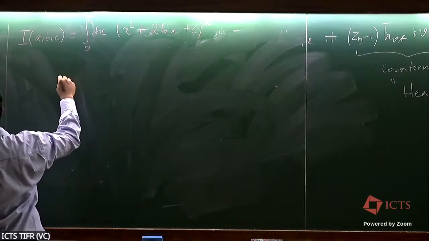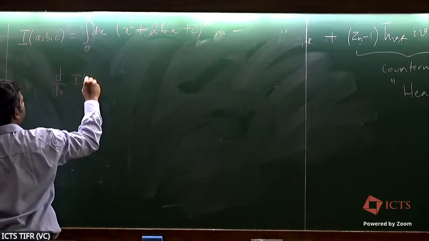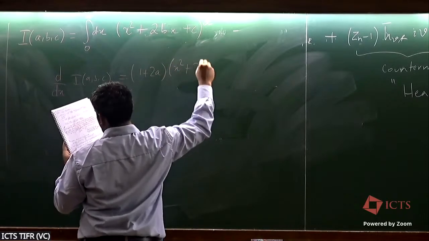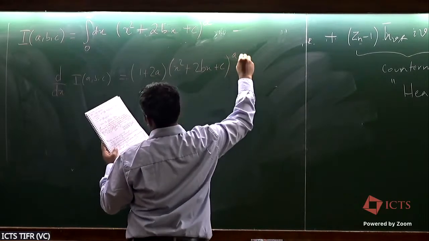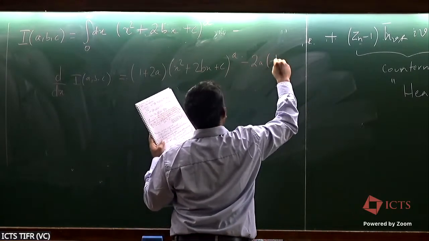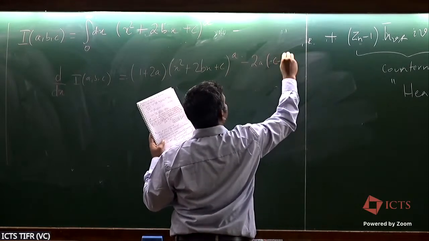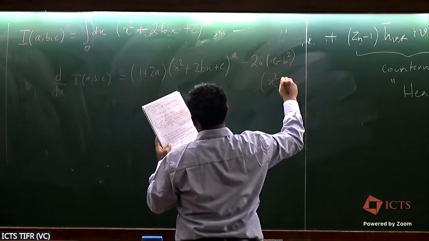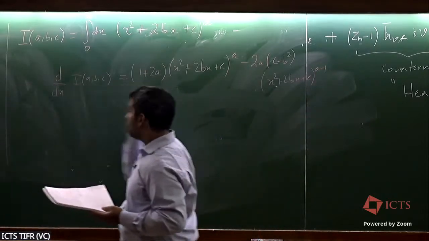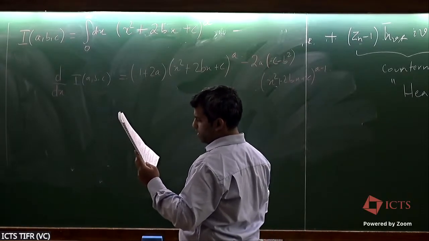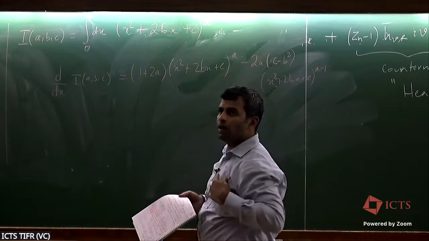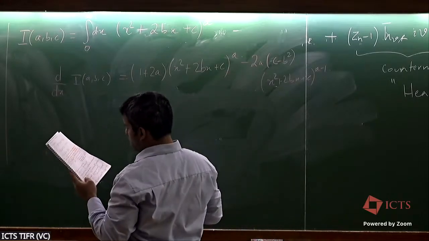This integral can be simplified using the fact that d by dx of I of A, B, C is proportional to 1 by 2a, C minus B squared.